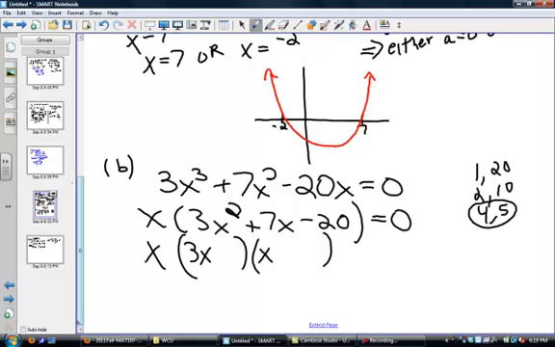Where does the 4 go? Where does the 5 go? 5 goes with 3x. Very good. The 5 goes with the 3x, and the 4 goes with the x. Why? You want to end up with a 7. You want these, after multiplying, to be 7 apart.